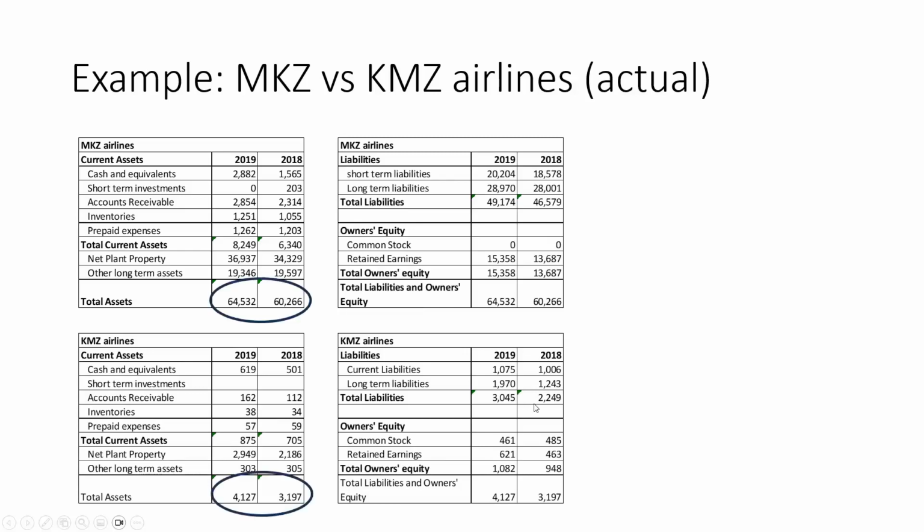So what we notice here is the size of the balance sheet in both the years, 2018 and 2019. Look at the cash, 2,882 for MKZ and 619 for KMZ. Then retained earnings for MKZ are much higher than the owner's equity of KMZ, which is much smaller.